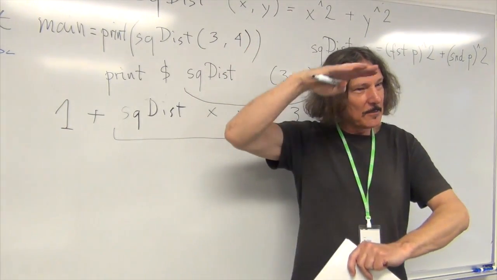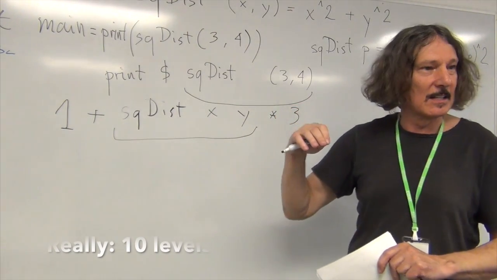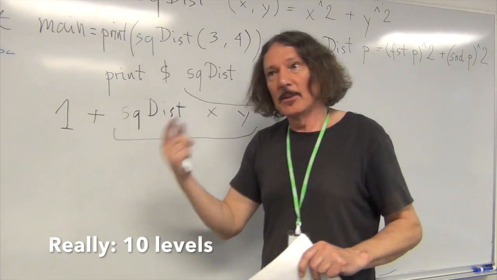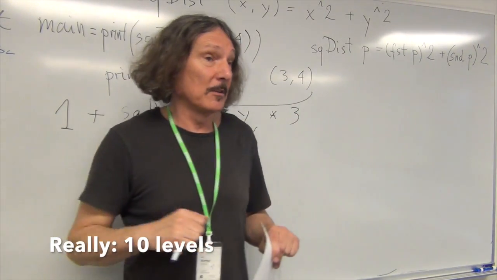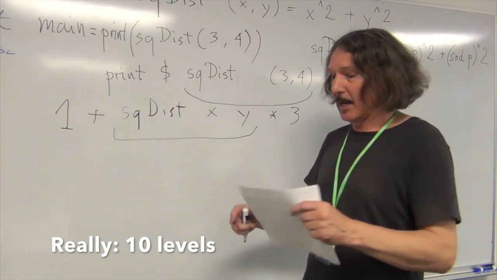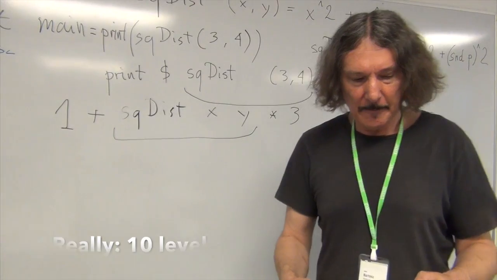There are levels of precedence, I think 7 levels in Haskell. And when you define your own operator, you can specify what level of precedence and whether it binds to the left or to the right. We'll see examples of this later.